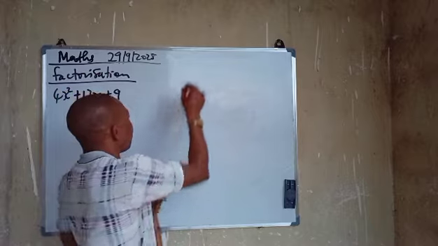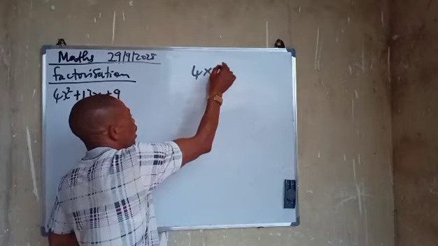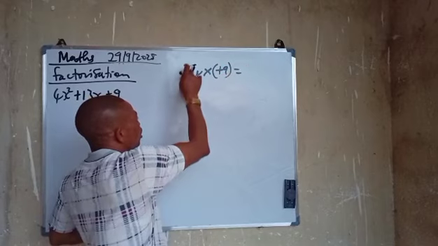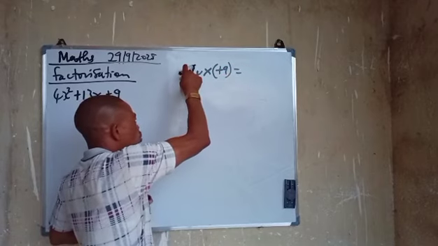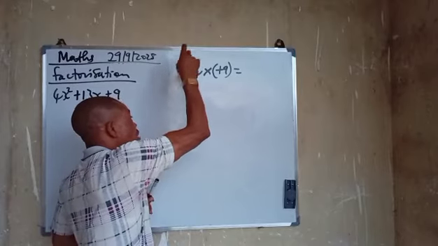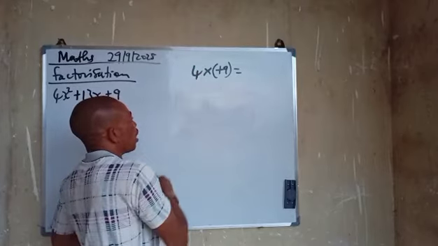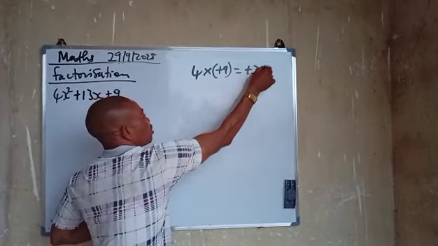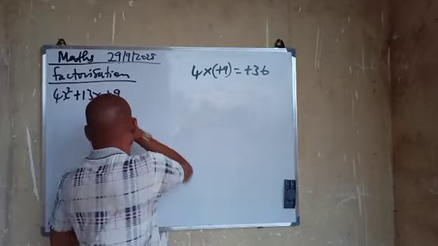So we now have 4 times plus 9. If it is minus, the minus will show, but since it is plus, whether it is present or not, it is the same. Plus times plus is plus. Then 4 times 9 is 36. That is the first step.